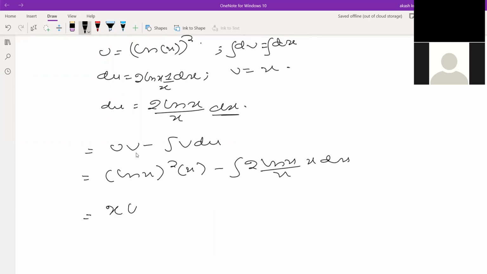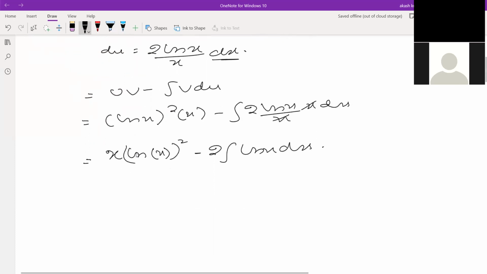So it becomes x (ln x) whole square minus, can we cancel out x from the numerator and denominator? Yes. Taking the 2 outside, it becomes integral of ln x dx.